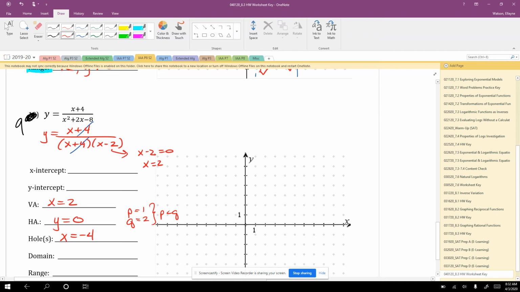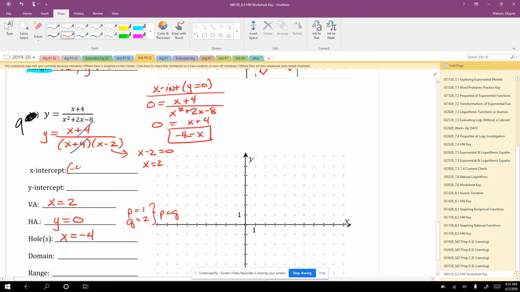Okay, let's go ahead and find our x-intercept and y-intercept. So x-intercept again is when y equals 0. So you get 0 is equal to x plus 4 divided by x squared plus 2x minus 8. You're going to get 0 is equal to x plus 4. So x is equal to -4.